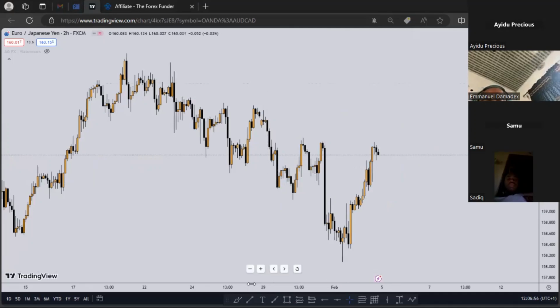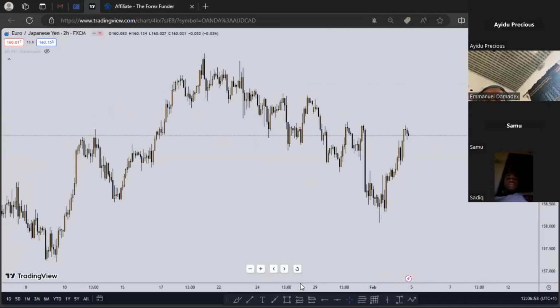So in today's class, I'm going to be talking about order blocks. I'm going to be laying more emphasis on order blocks, supply zones and demand zones.